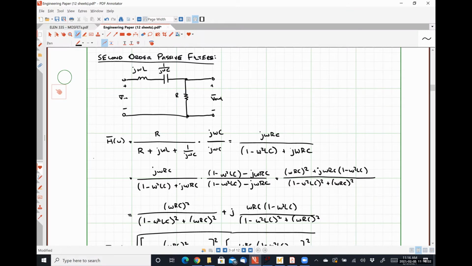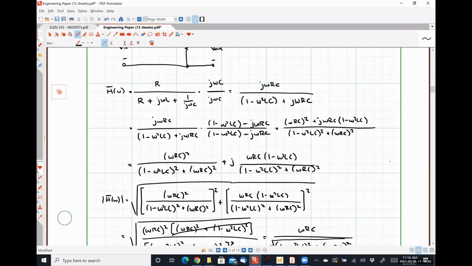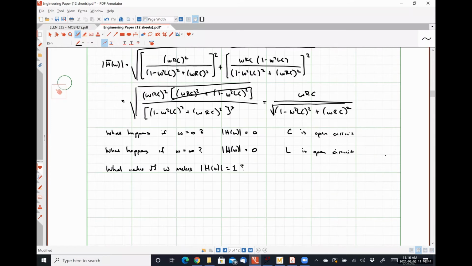If we replace the inductor and capacitor with a short circuit, then V in is the voltage drop over the resistor, which is exactly equal to V out. So we need j omega L plus 1 over j omega C to be equal to 0.